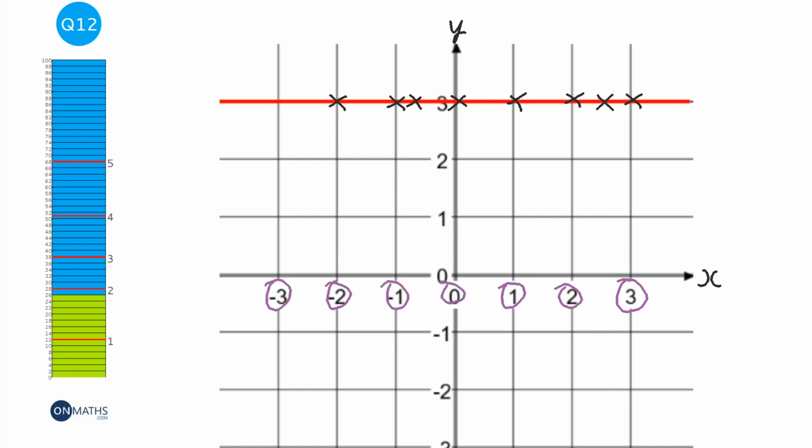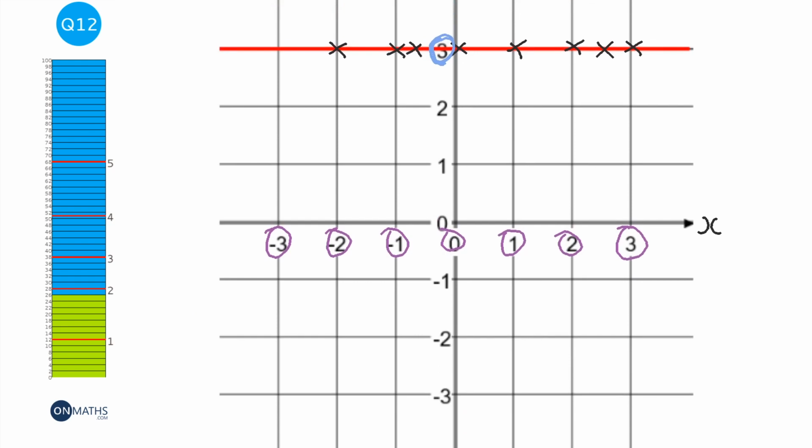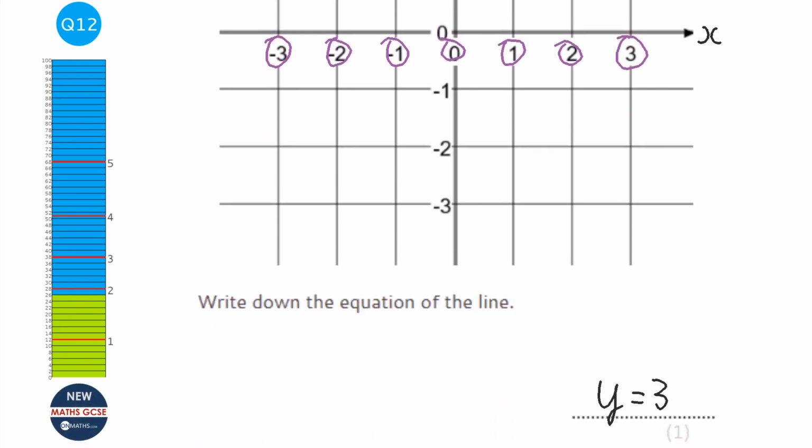So x is a variable, x will just keep changing. But if you have a look at the y is always 3, anywhere on that line. So the equation of the line is y equals 3, because y is always 3 anywhere on that line. So horizontal lines are always going to be y equals something, and vertical lines are always going to be x equals something.